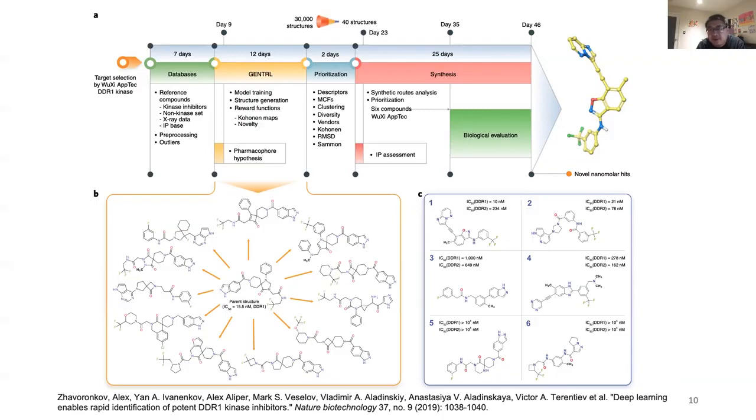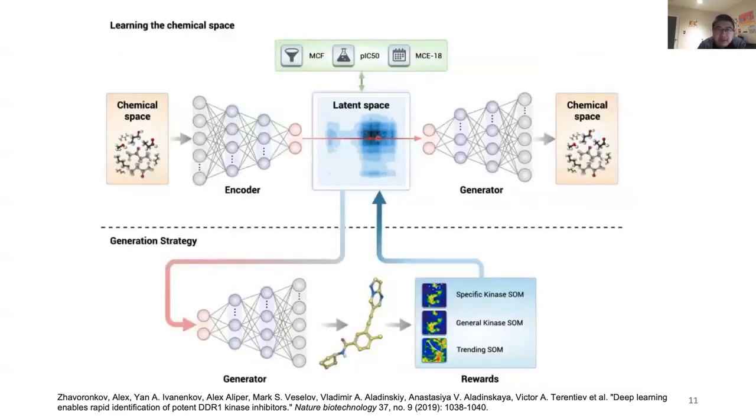And part C is the generated compounds with the highest inhibition activity against the human DDR1 kinase. And the model they developed for designing molecular structure is called GENTRL, which stands for Generative Tensorial Reinforcement Learning. It combines reinforcement learning, variational inference, and tensor decomposition in a generative two-step machine learning approach.